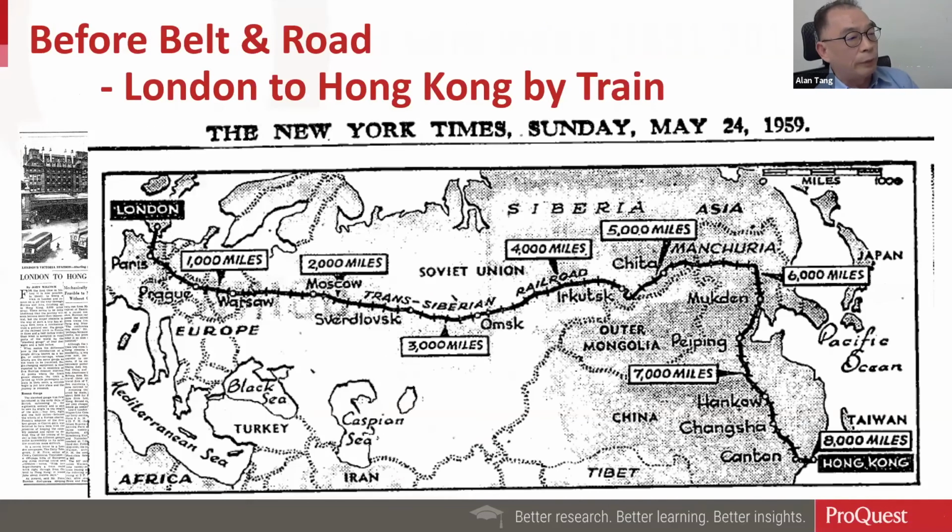And you may not know from the New York Times with index, even before the Belt and Road was announced, there's a map showing that there's a train from Hong Kong to London. I don't know how they crossed the harbor here. But it is news from the New York Times in 1959. Okay.